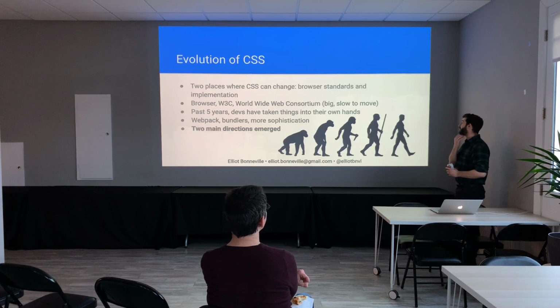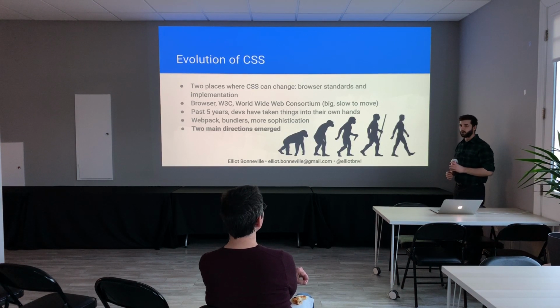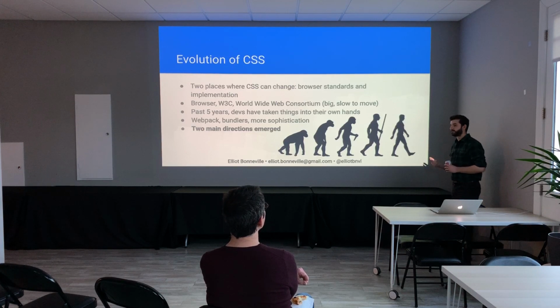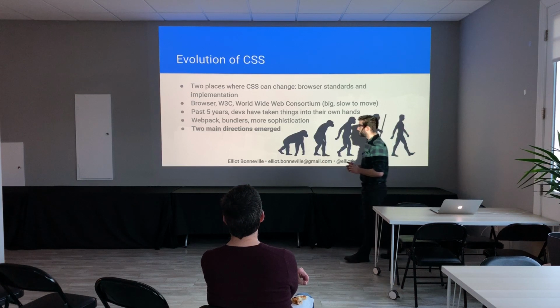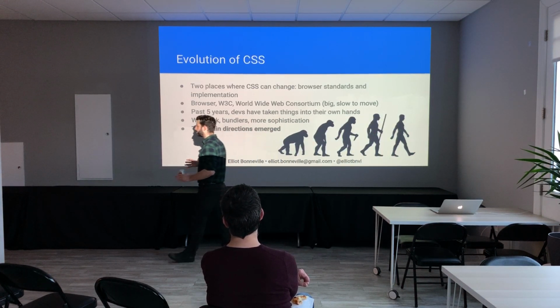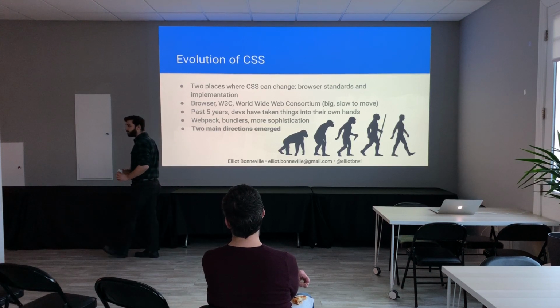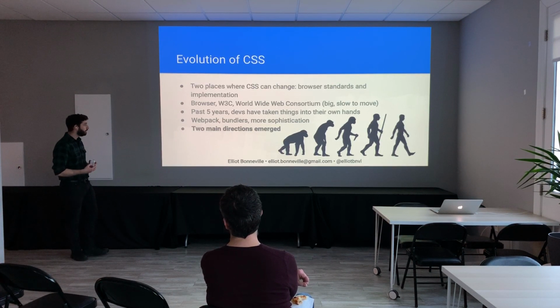There's not going to be that much development there for the high-speed iteration you need to fix a problem like this. So over the past 5 years, developers took things into their own hands. There are these tools that have emerged: Webpack, Grunt, Rollup, all these different tooling libraries and a ton more sophistication around the way CSS is compiled and brought into your application and bundled up to be served efficiently.